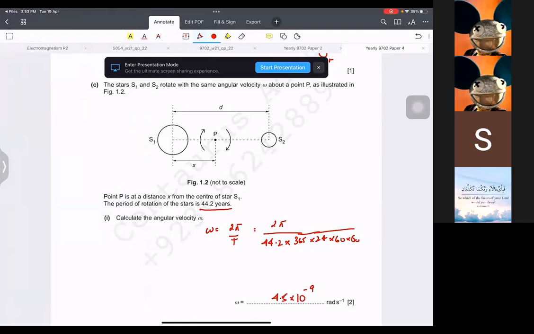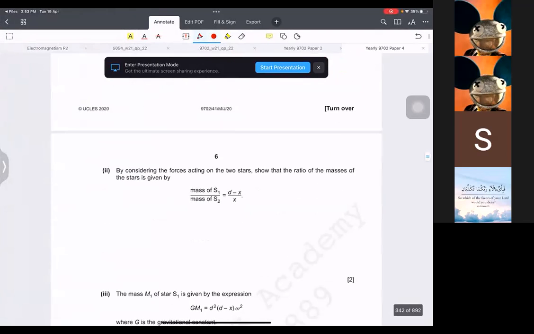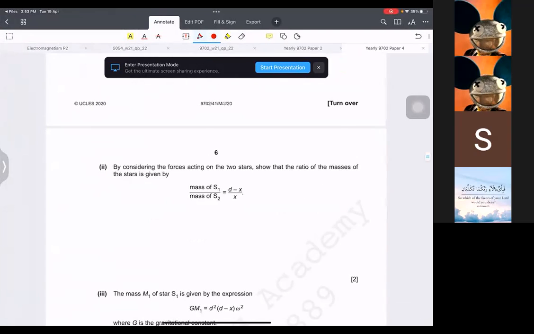Okay, that's cool. Then it says, by considering the forces on the two stars, show that the ratio of masses of the stars is given by this. Now, the forces are centripetal force, which is m r omega squared, and it is equal to G m m over r squared, right? So what are we going to do?